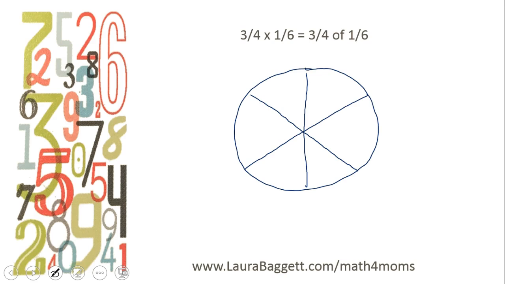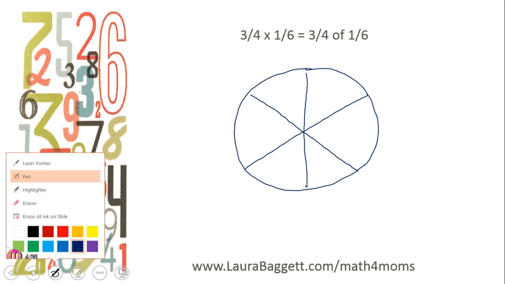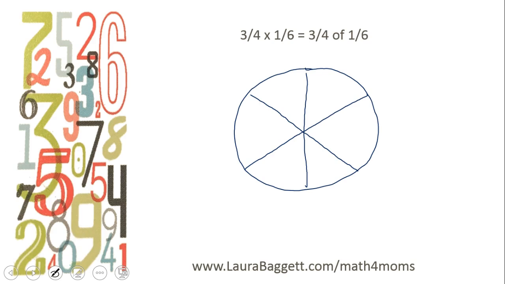And then now we want to divide each of those slices. We need 3/4 of one of those slices. So let's see what that's going to look like up here. If this is the slice that we're working on, we could divide it into half and then divide each of those halves again. And so we've got 4 slices out of that 1/6, that one large piece.